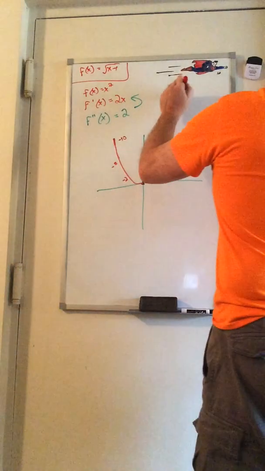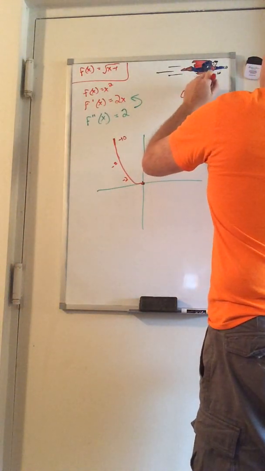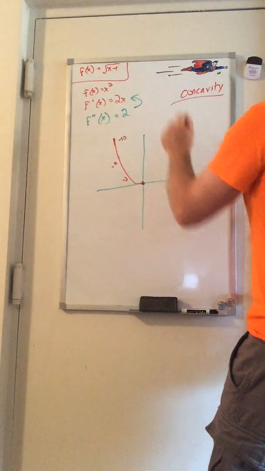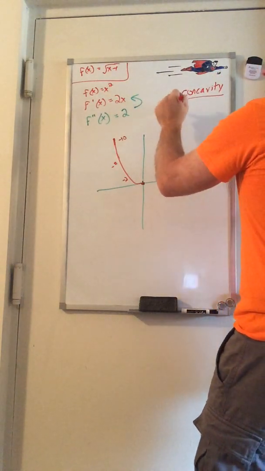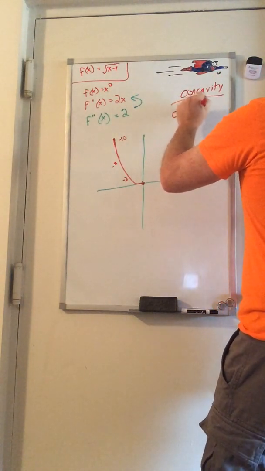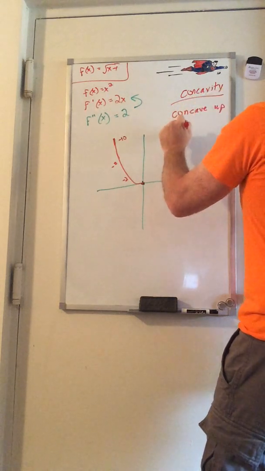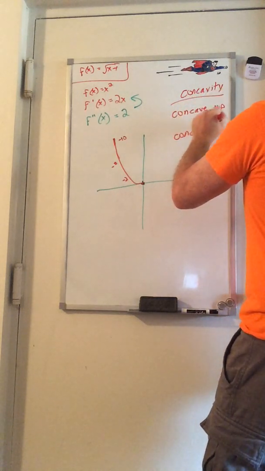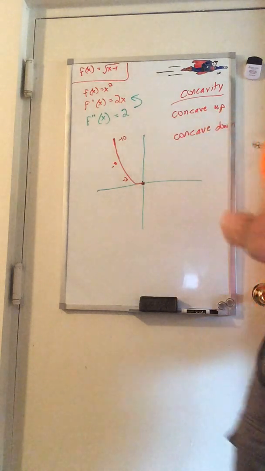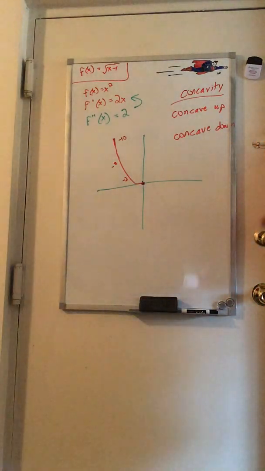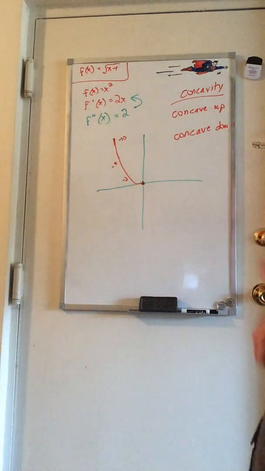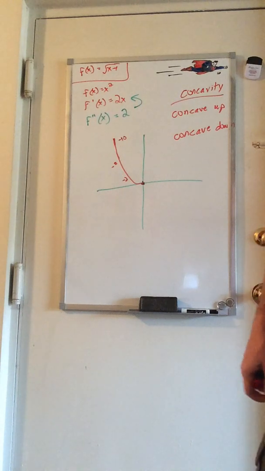And there's an idea of what's called concavity. Essentially, we don't need an incredibly complex definition here because it's graphical. Something can be concave up or it can be concave down. The easiest way to think about it: you're concave up if you hold water.